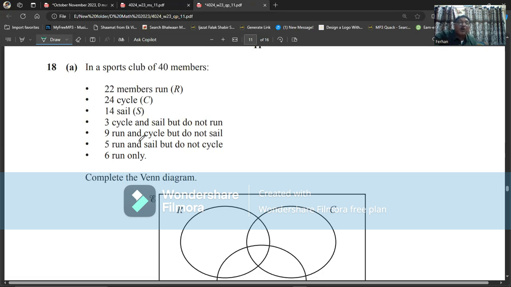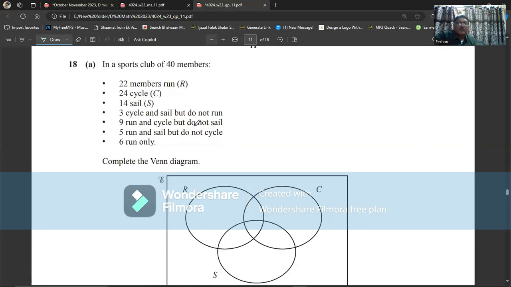6 run only. Okay, so let me show you how this is done. So first of all, he says 3 cycle and sail but not run, so I will write 3 here.